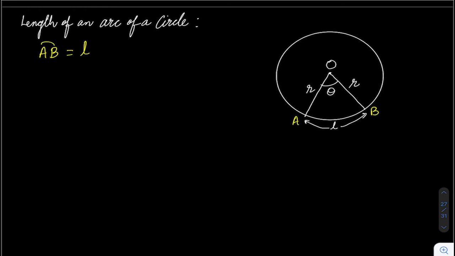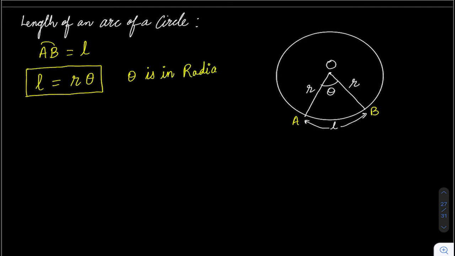We have to find the relation between L, R and theta. The relation is L is equal to R theta. So the length of an arc is equal to R theta. We have to remember it like this, and the important thing is that theta is in radians.